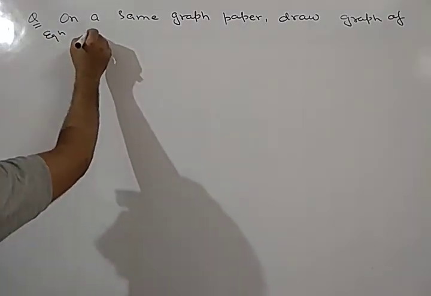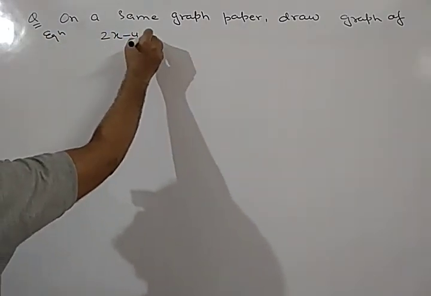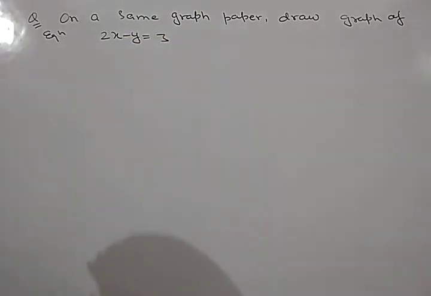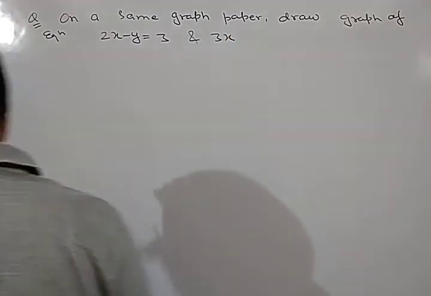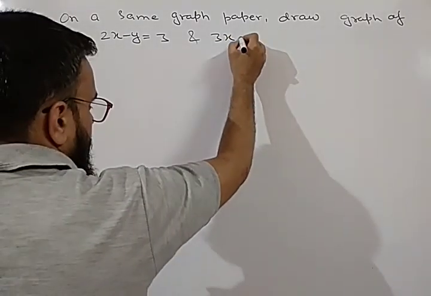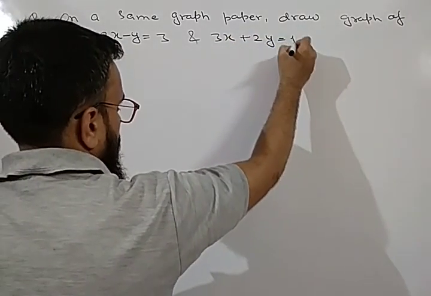The first equation is 2x minus y is equal to 3, and the second equation is 3x plus 2y is equal to 1.